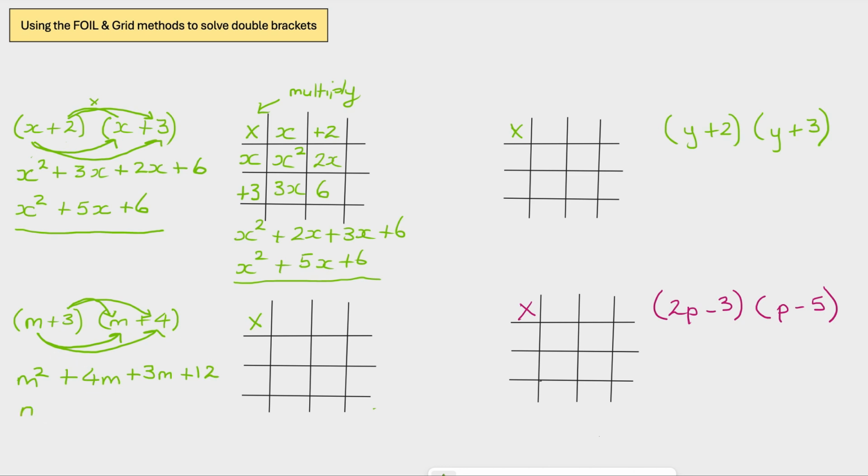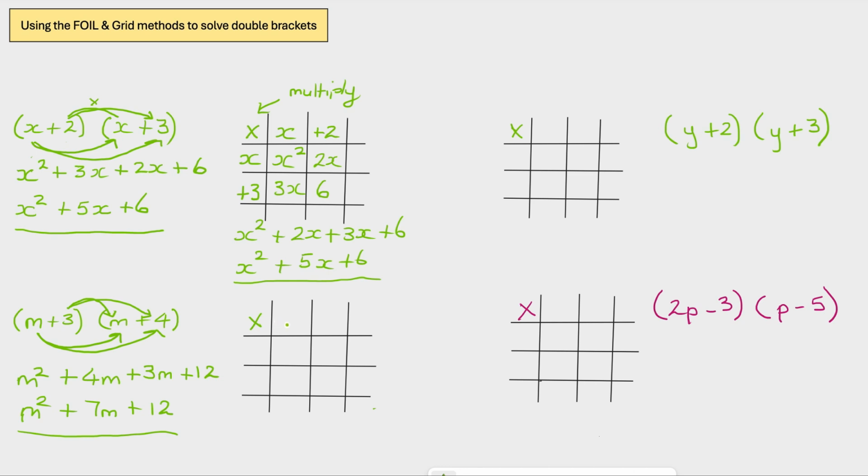Simplify it, collect like terms. 4m plus 3m is 7m plus 12 on its own. M squared at the front. Nice and neat.